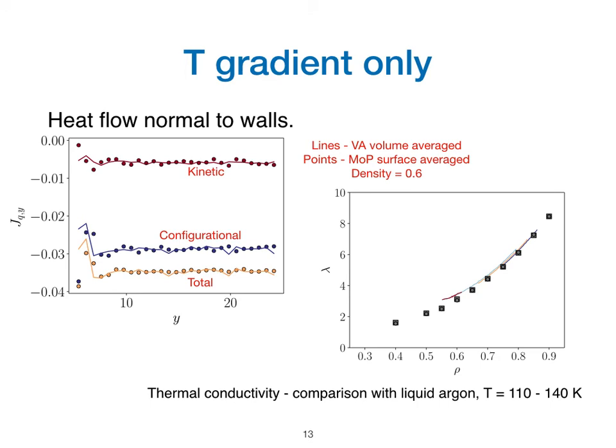When we evaluate the thermal conductivity from those heat flux vectors and the temperature gradient, we get a result, even for WCA particles, that's in quite good agreement with what you would find for liquid argon over a temperature range. At the same density we get surprisingly good agreement, which confirms the view that many of the transport properties are mainly determined by the repulsive part of the potential.